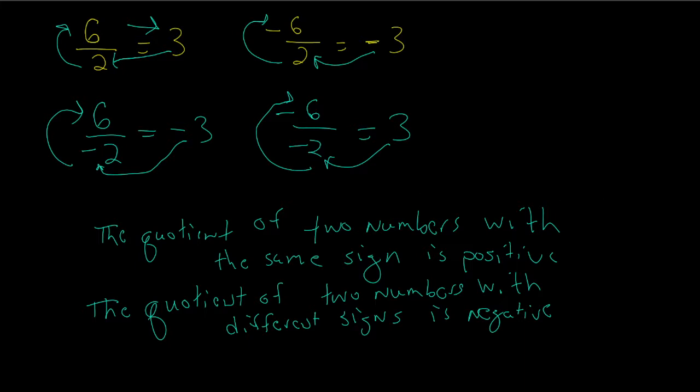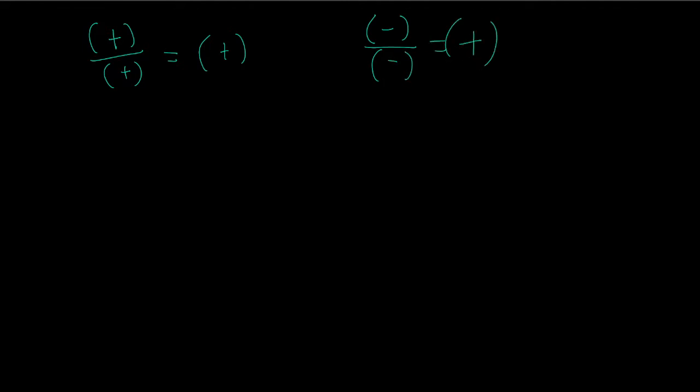Again, using the notation that your book has, we can think of a positive divided by a positive is positive. A negative divided by a negative is positive. Positive divided by a negative is negative. And a negative divided by a positive is negative.